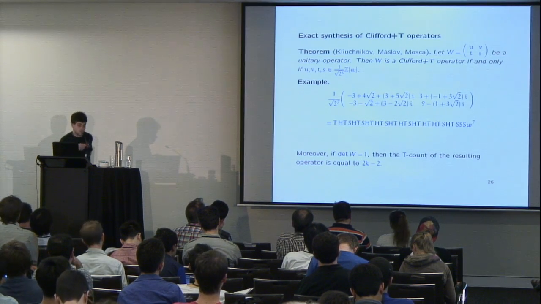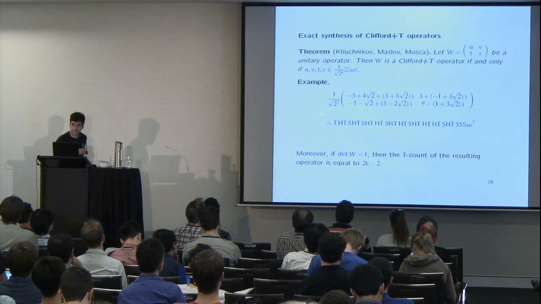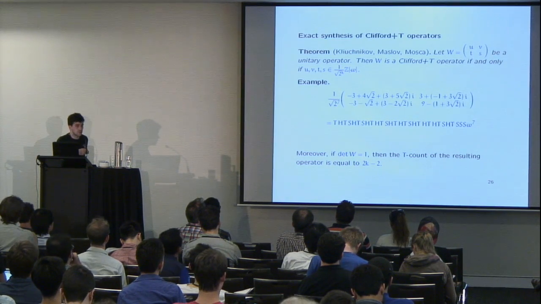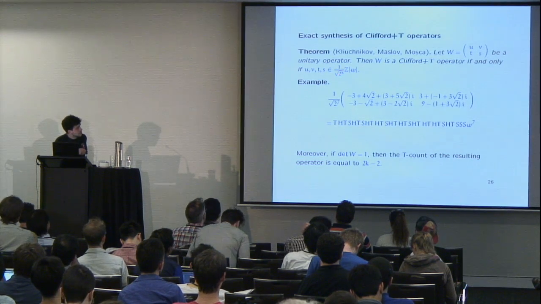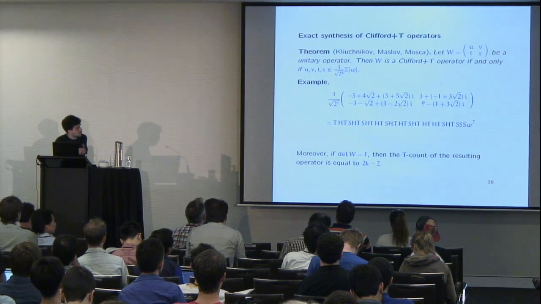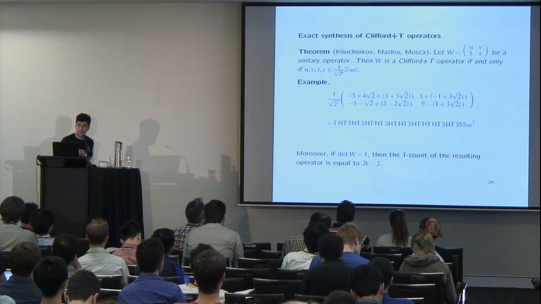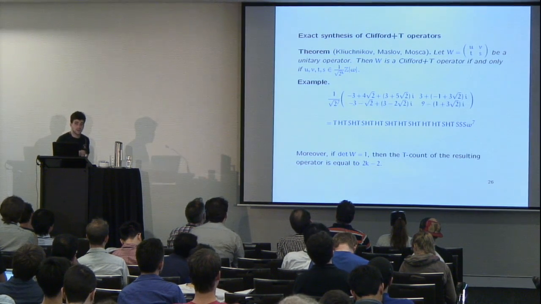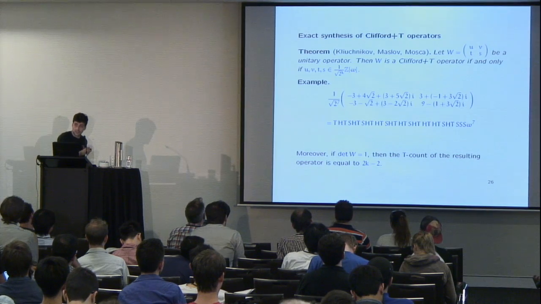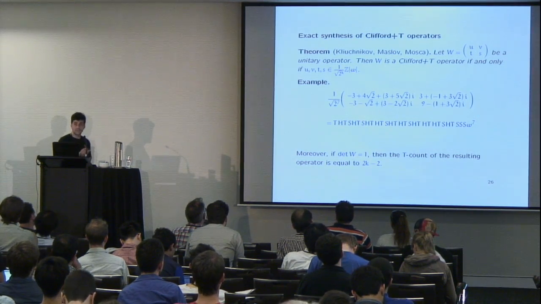Another very important thing is this power of square root of 2 here. Every integer k such that you can write your matrix as 1 over square root of 2 to the k followed by a matrix in Z[omega], we call a denominator exponent of that matrix. The smallest such k, which is a non-negative integer, is the least denominator exponent of the matrix.